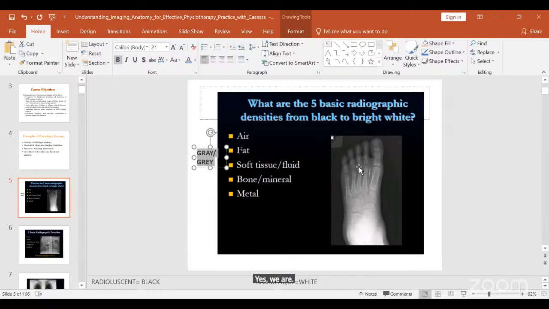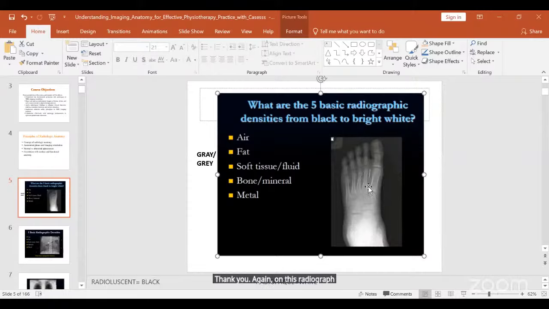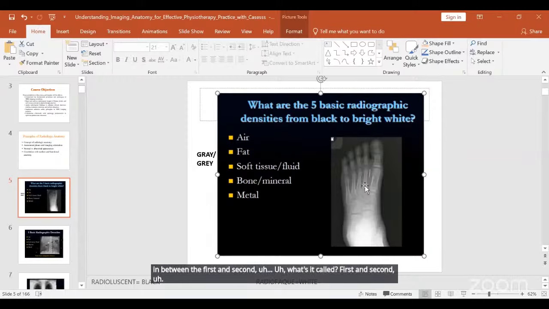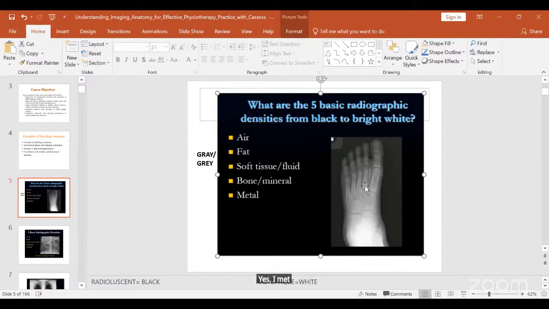Again, on this radiograph, of course the radiograph of the foot, can we see a very tiny radio-opaque structure in between the first and second, what's it called? Metatarsals. Metacarpals. Yes, sir, metatarsals. Good.